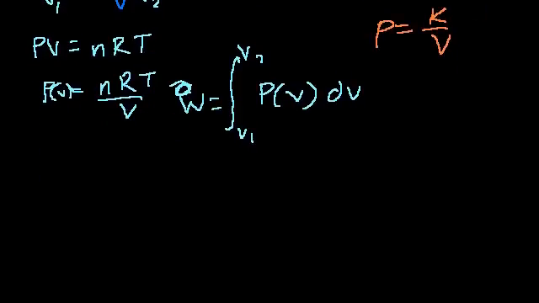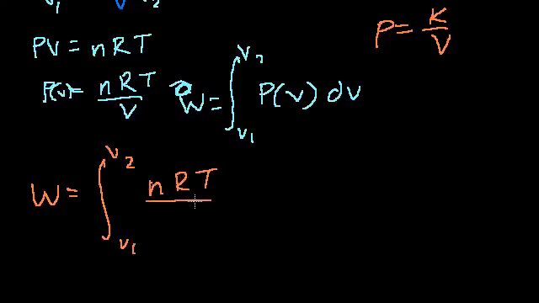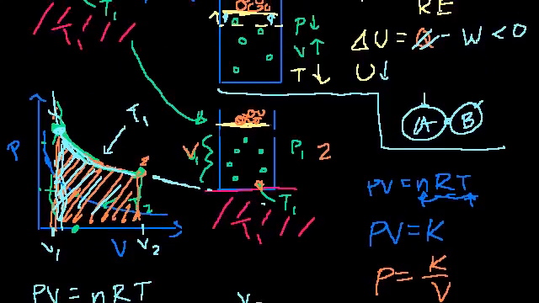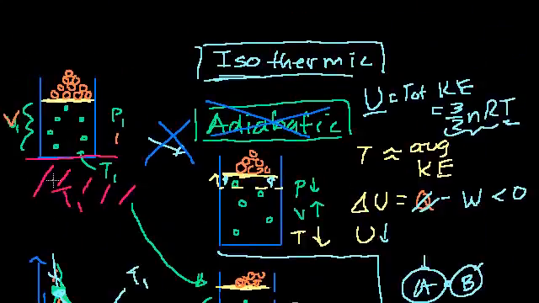So what's P as a function of V? So work done is equal to the integral from V1 to V2 of nRT over V times dV. Now, this was our simplifying assumption. We said we're sitting on top of a reservoir. This reservoir keeps our temperature the same the whole time.